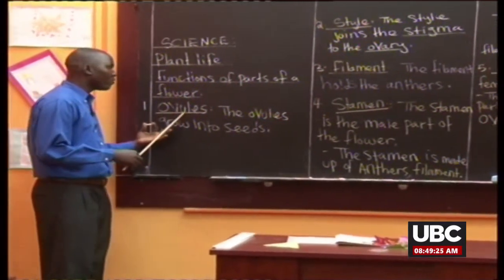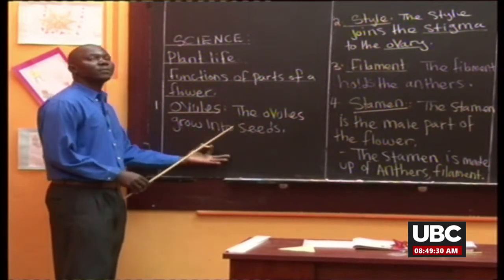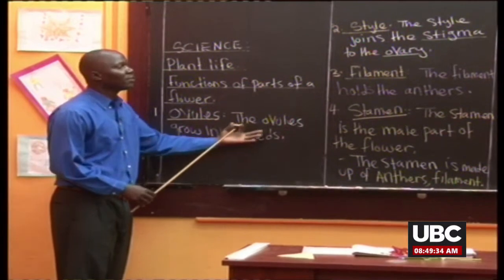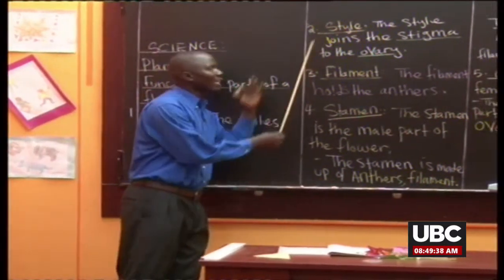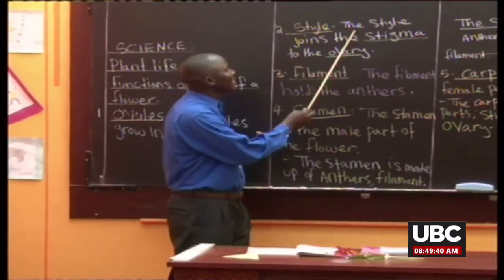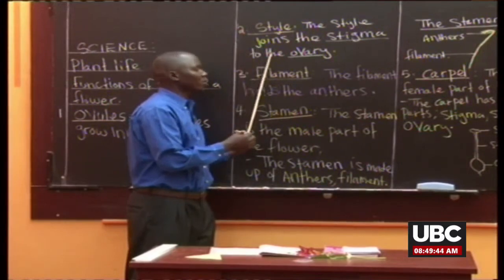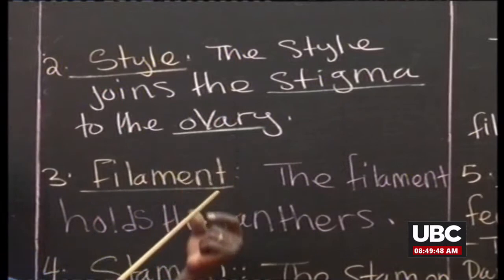I have the ovules, and we said the ovules grow into seeds. And then we have the style. We are saying the style joins the stigma to the ovary, and is that tube through which pollen moves.